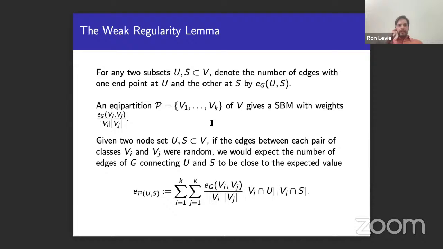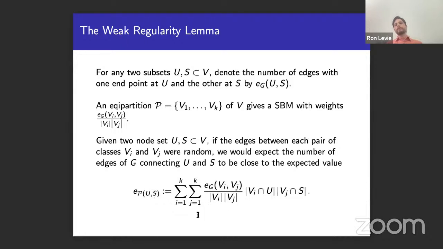Now the graph is deterministic, it wasn't sampled from anything, but if the graph had been randomly sampled from this stochastic block model, we could have computed the expected number of edges between each pair of node sets. So for each pair of node sets U and S, if the graph was randomly sampled, the expected number of edges between U and S would have been the following formula.